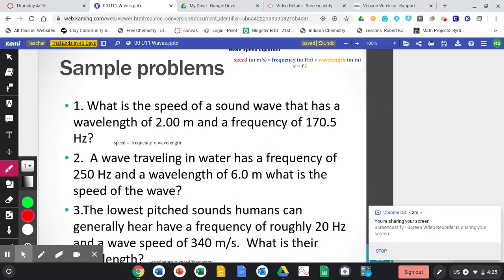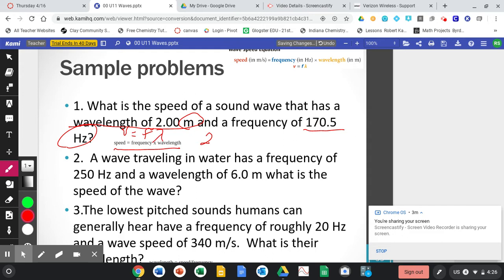And let's take a look and tackle some sample problems. What is the speed of a sound wave that has a wavelength, so this is the wavelength value, notice the unit meters, and a frequency of 175 hertz? So what I'm going to do is multiply these two together, and I'm going to end up with meters per second as my unit. I'm using speed equals frequency times wavelength, v equals f times lambda.